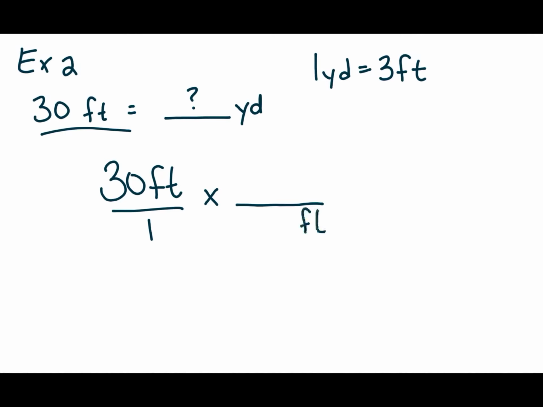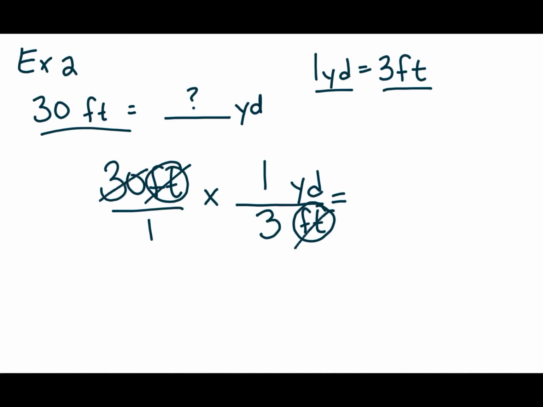But this time I want feet on the bottom, and I want yards on the top. And I just fill in what makes those two equivalent. Again, these units can cancel out, and I can divide each of these by 3. So I end up getting 10 yards. So this makes 30 feet exactly the same as 10 yards.